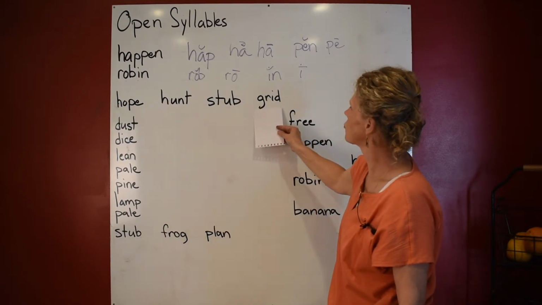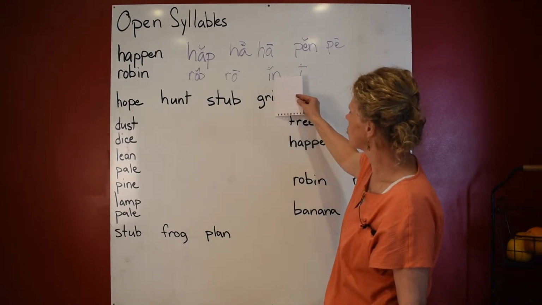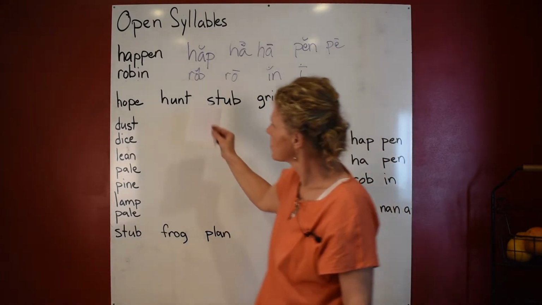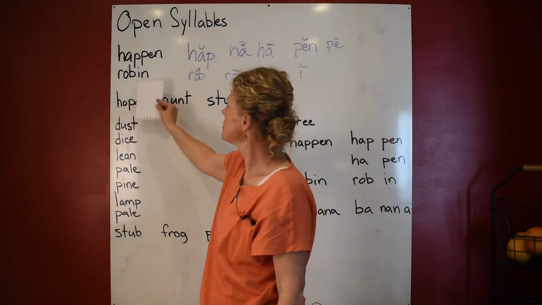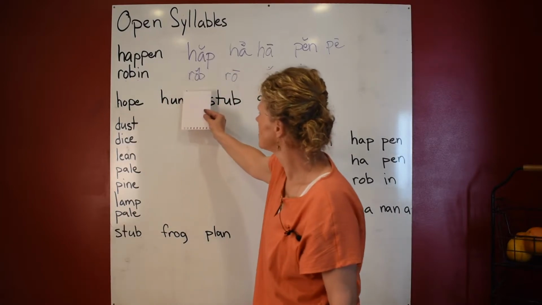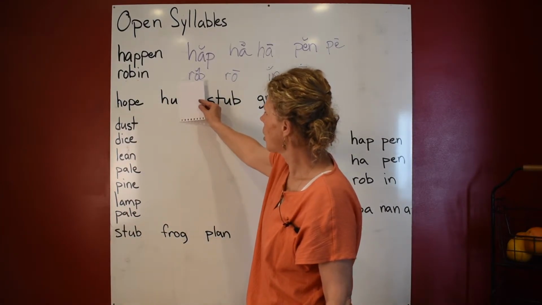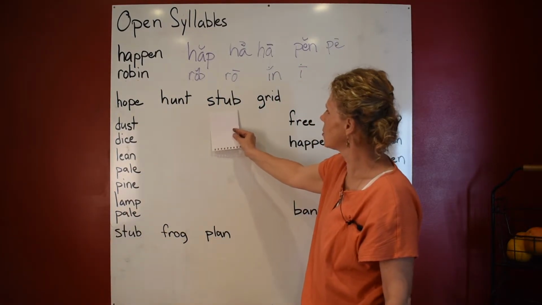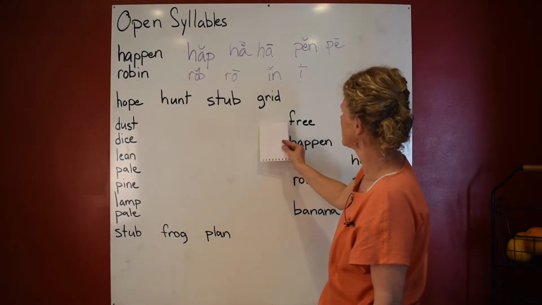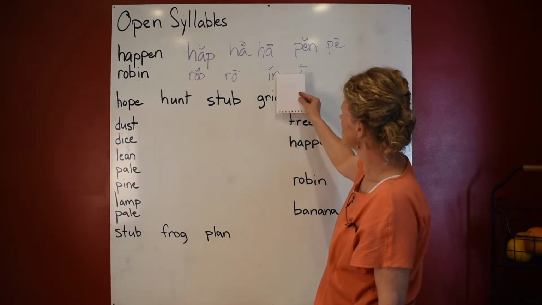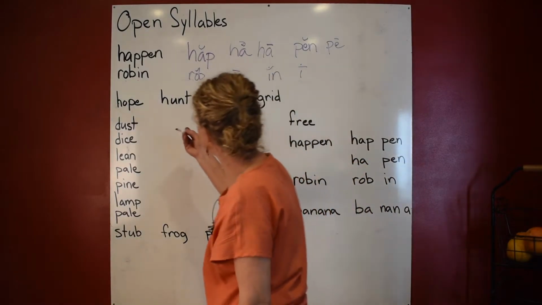Open. Grid, closed, gri, okay? Silent E, open, closed, open, closed, open, closed, open. Now we have do right here.